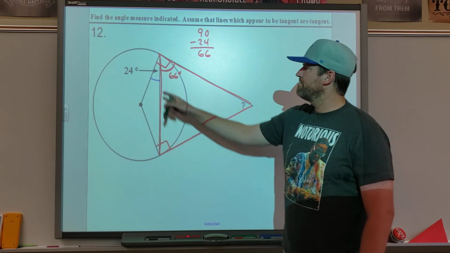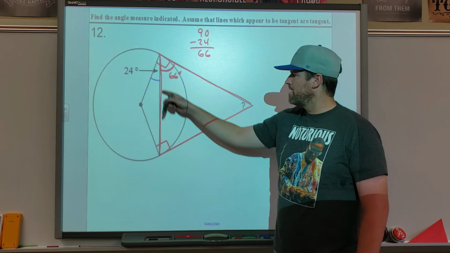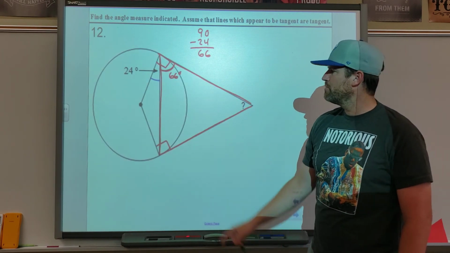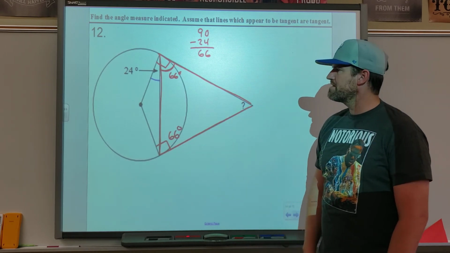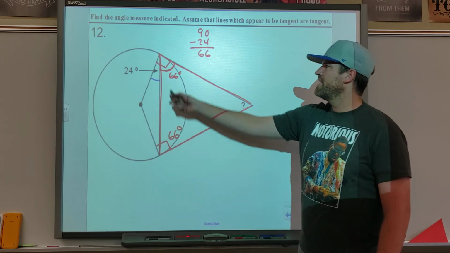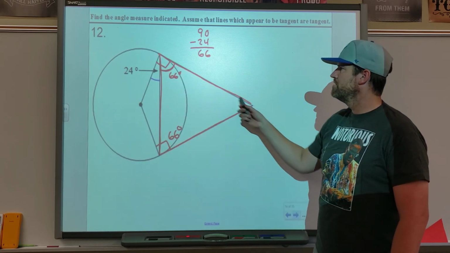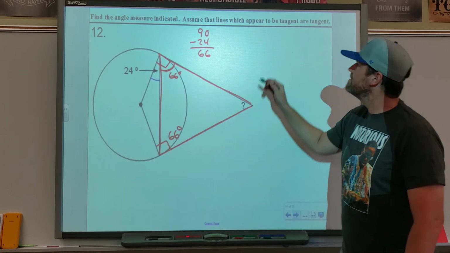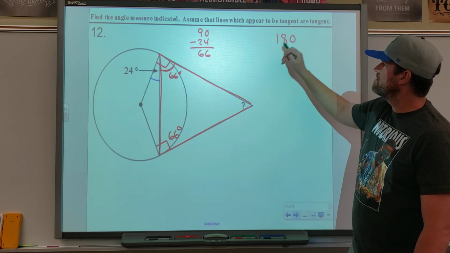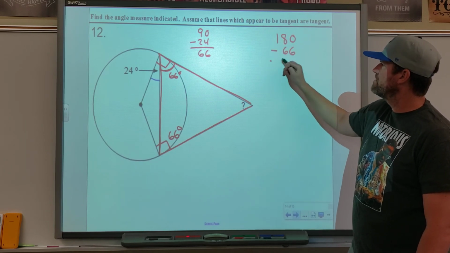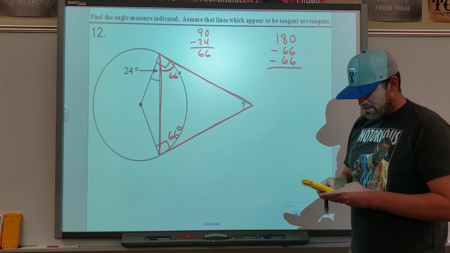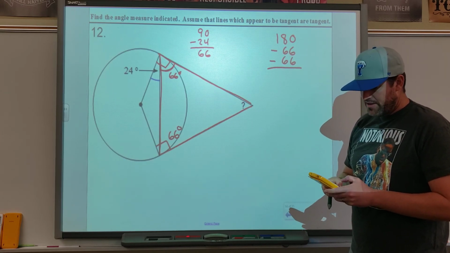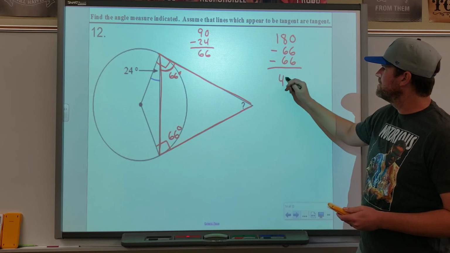And because we have the radii, and this is connected between the two radii, we know that these angles will be congruent. So that will also be 66. And then I notice I have a triangle. Triangles add to 180. So I can take the 180, subtract 66, subtract the other 66, and that leaves me with 48 degrees.